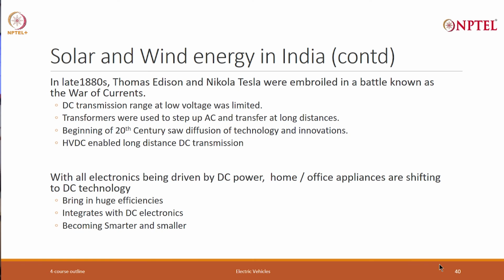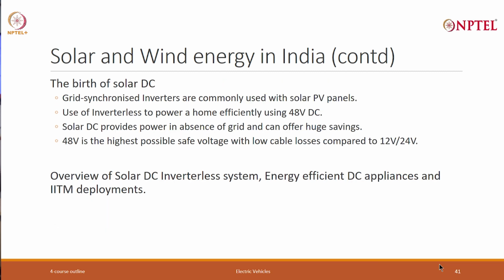We will then get into something very interesting, DC versus AC. Should we use DC power or AC power? This debate dates back to the 1880s between Thomas Edison and Nikola Tesla. We will get into that and talk about why DC to some extent is viable and maybe time has come to convert to DC, and we will talk particularly in a decentralization mode about how DC can be effectively used.